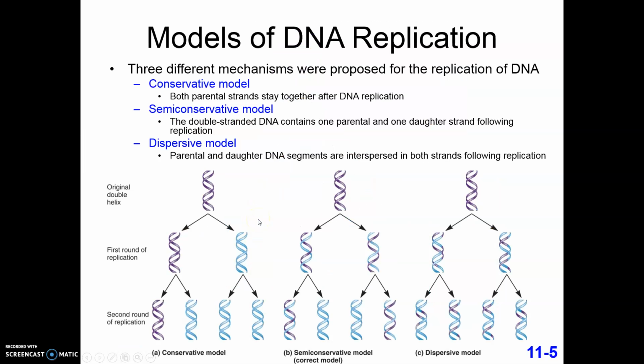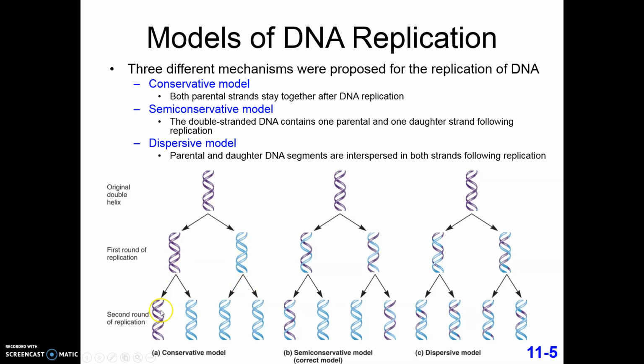Now, originally when we were investigating how DNA was replicated, there were a couple of possibilities of how this might work out. So one was called the conservative model. So here we have two parental strands in purple. We somehow replicate that DNA and we end up with the two parentals over here and the two daughters over here.